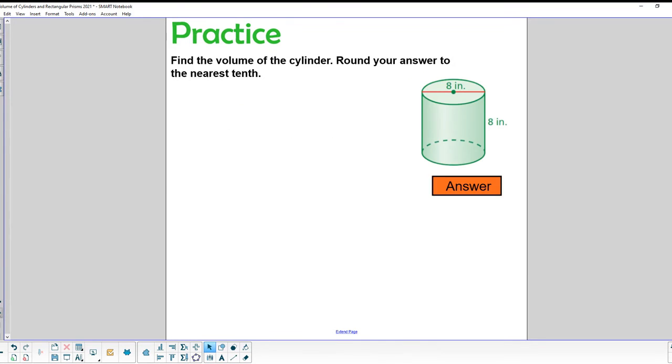Let's try another one. In this case, the volume is going to be 3.14 times we need the radius, which in this case is 4. So 4 squared times the height, and the height in this case is 8.